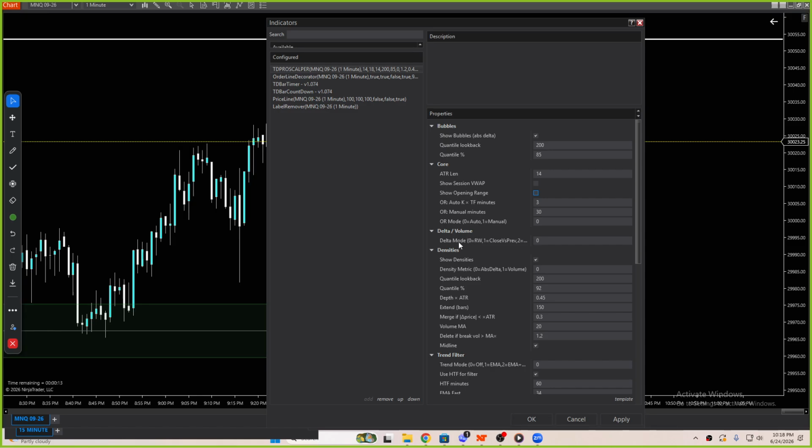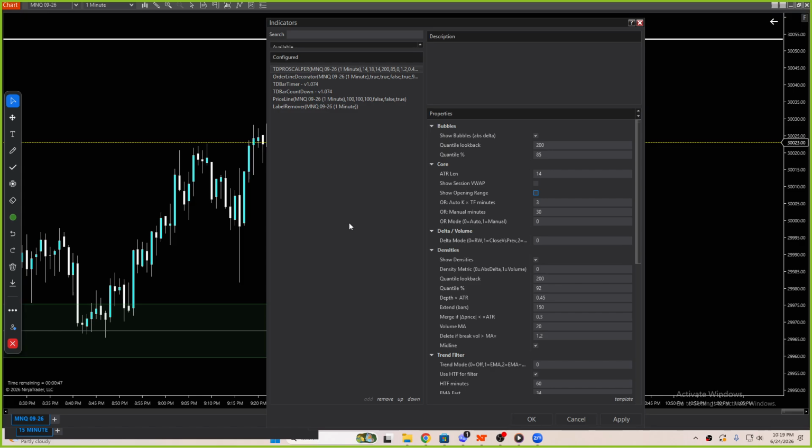Delta volume mode, right? I got it set for 0 right now. Delta volume mode decides how the delta volume is interpreted, whether we're coming on the buy side or sell side, what's going to pick up and what's not. There's a calculation here.